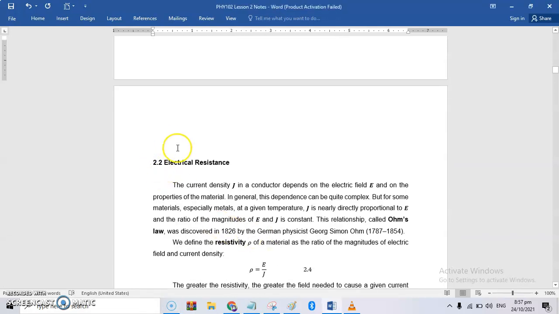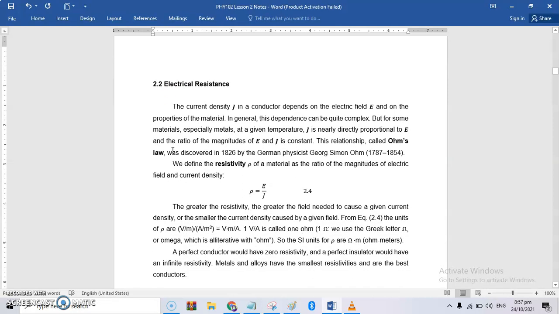Let's proceed to the next chapter, lesson 2.2, electrical resistance. The current density J in a conductor depends on the electric field E and on the properties of the material.